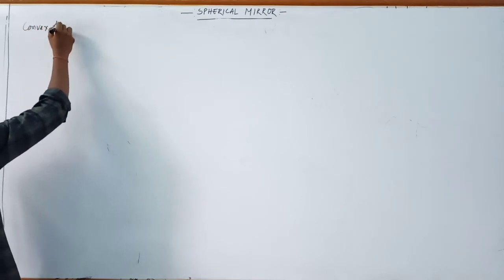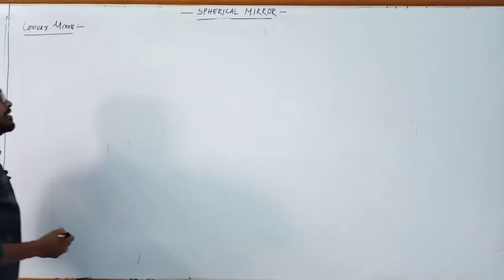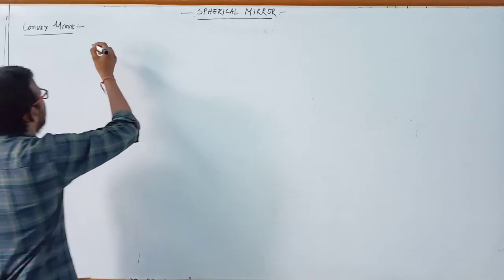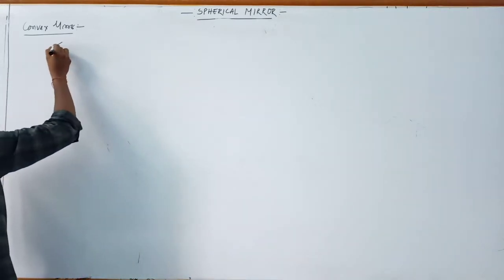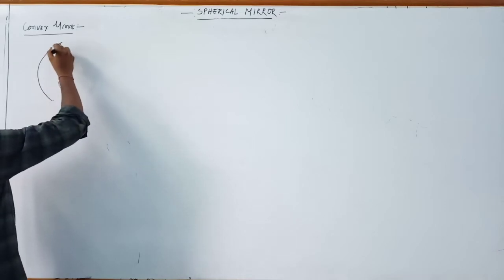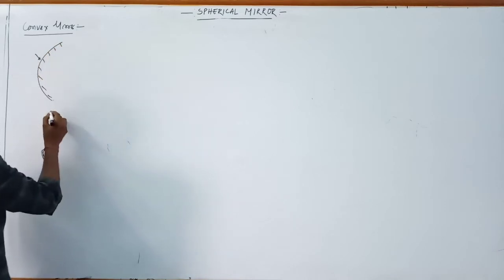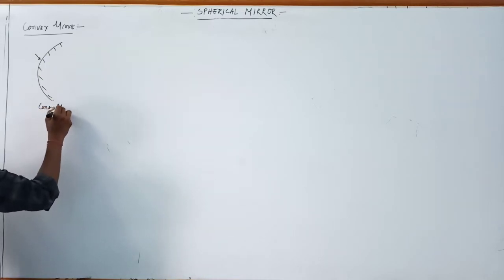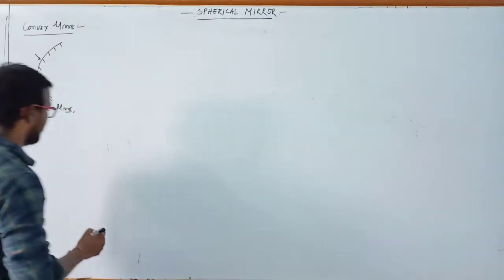Now let's start. What is a convex mirror? A convex mirror is part of a spherical surface whose inner side is silvered, but the outer side is the reflecting surface. That type of mirror is known as a convex mirror.